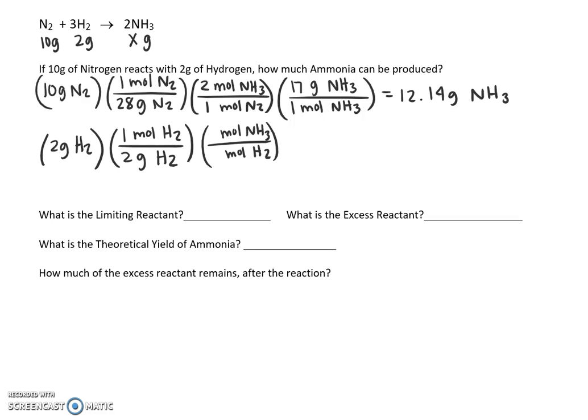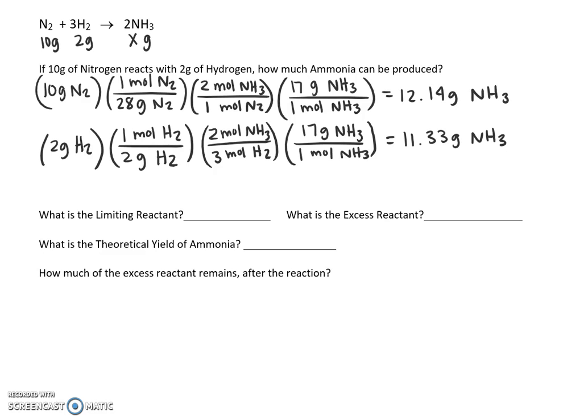I use my coefficients here for my mole ratio; I'm in a 2 to 3 ratio. And last but not least, for every 1 mole of NH3, I have a mass of 17 grams of NH3. When I go through, 2 divided by 2 times 3 over 2... times 17 gives me a value of 11.33 grams of NH3.